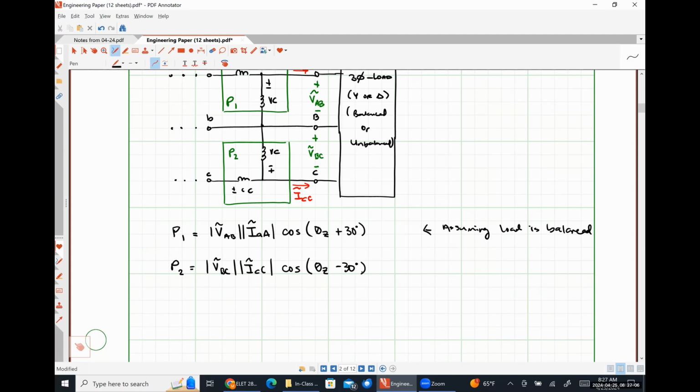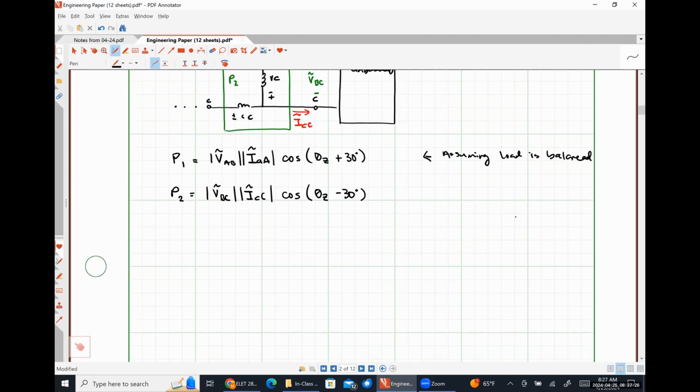And the reason why watt meter 2 is having the minus 30 degrees is because we connected it upside down. Okay? Same relationships, but we connected it, quote unquote, the wrong way. And so it's giving us the wrong phase angle relationship. And we're going to use that to our advantage.